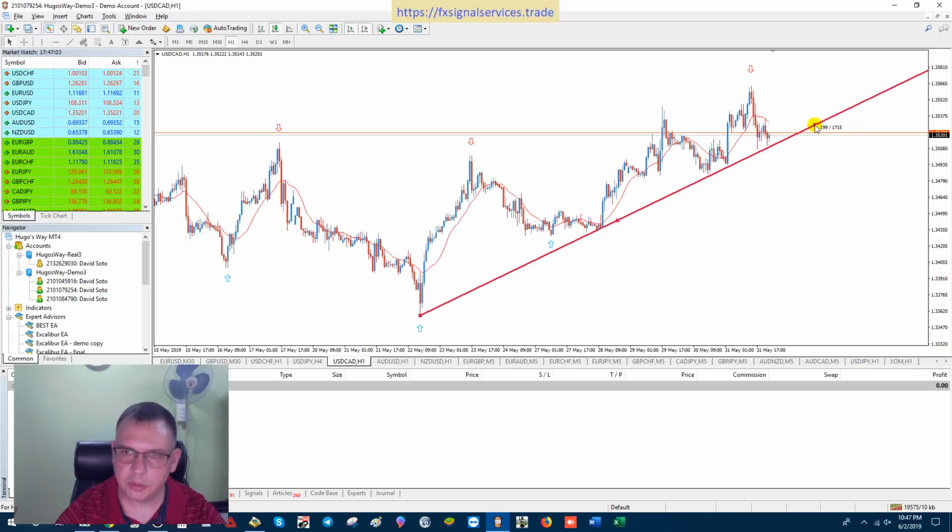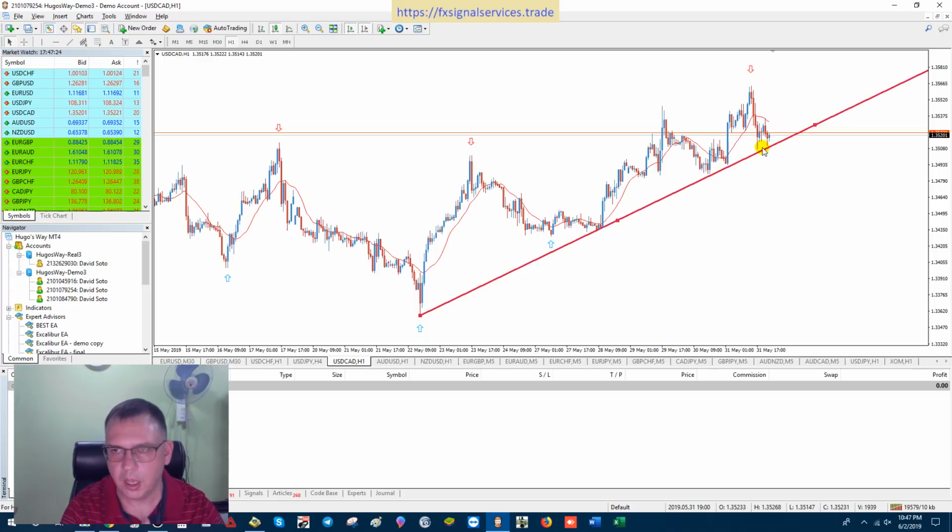Even if I bring this up a little bit, we see that this price has been hitting this trend line and going back up. It already hit here and came back up again, came down here, touched, and came back up some more.